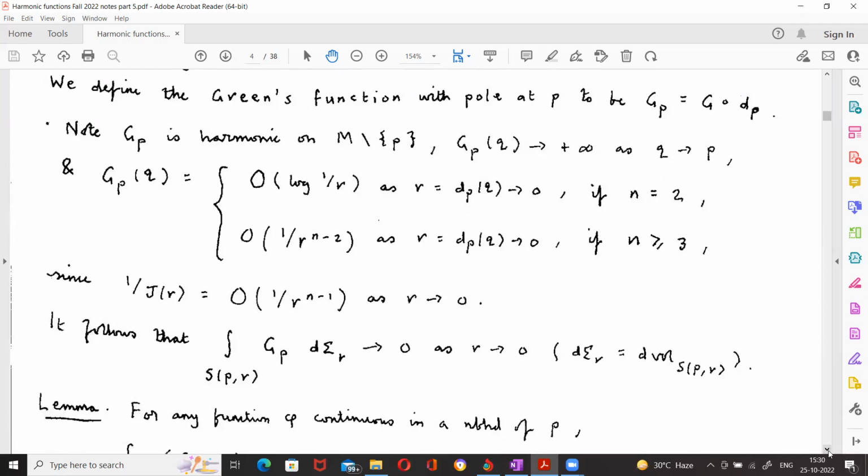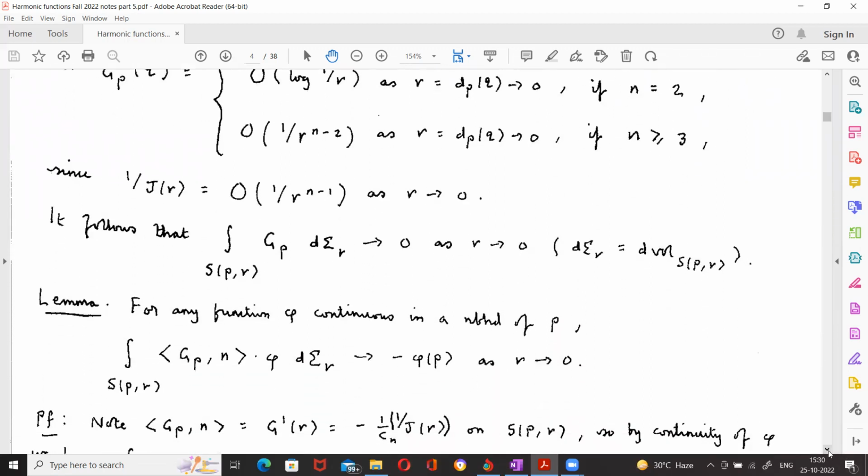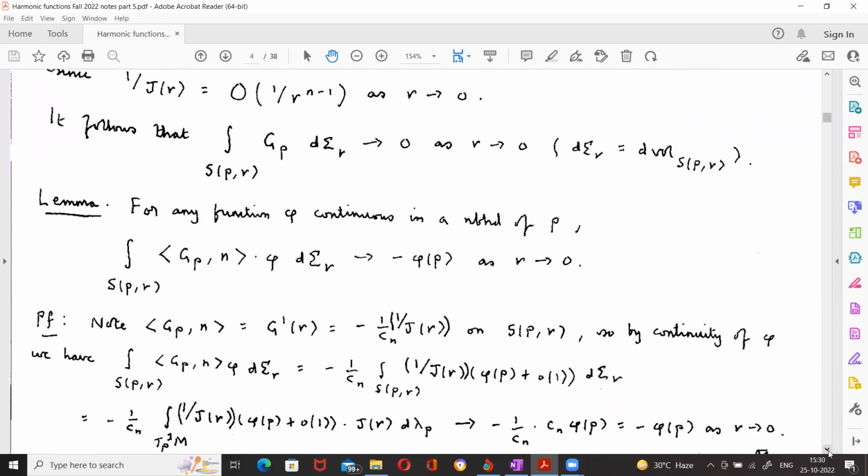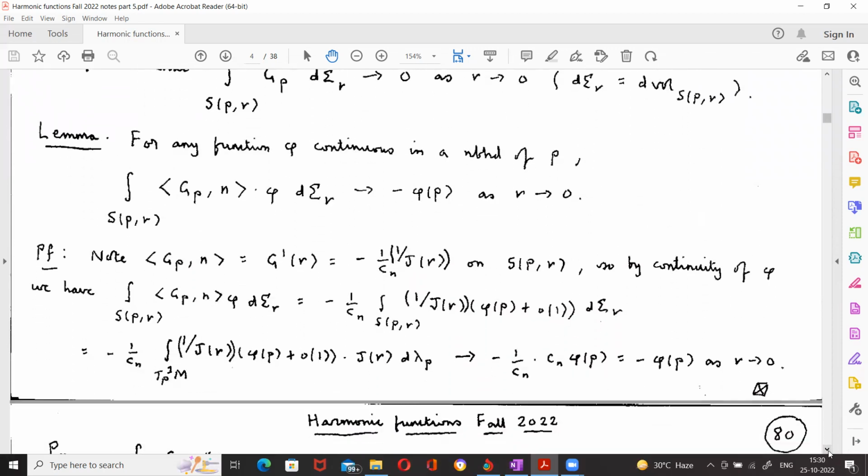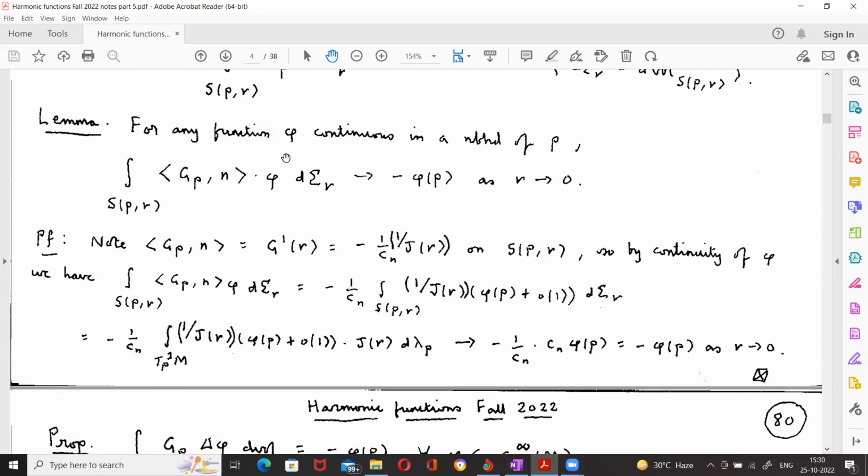So why do we need this? Because now we can prove the following lemma. If phi is a function which is continuous in a neighborhood of P, then the integral over the geodesic sphere of radius r of the inner product of, I'm missing a grad here.